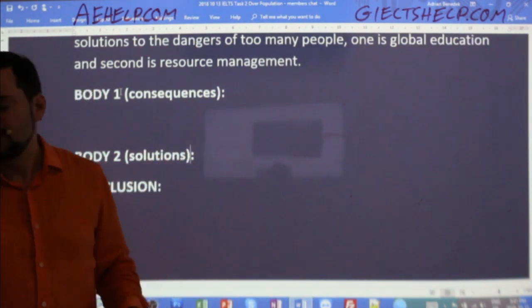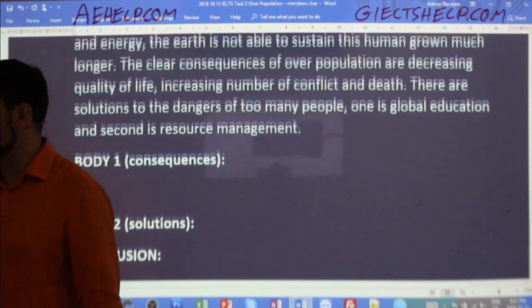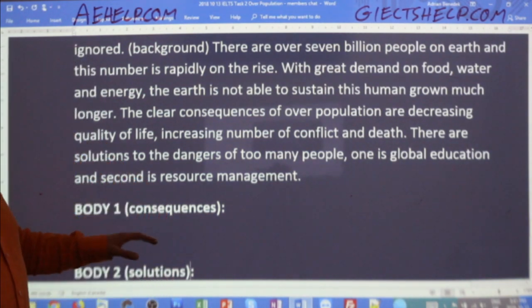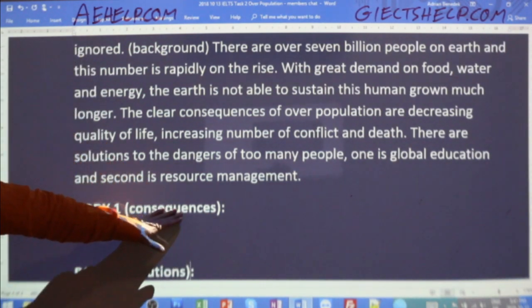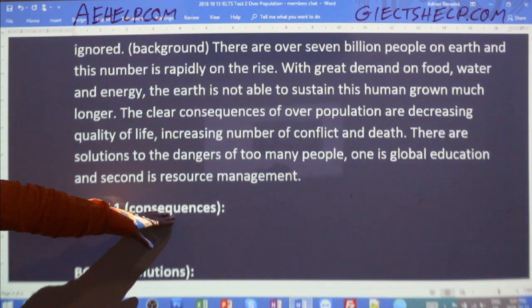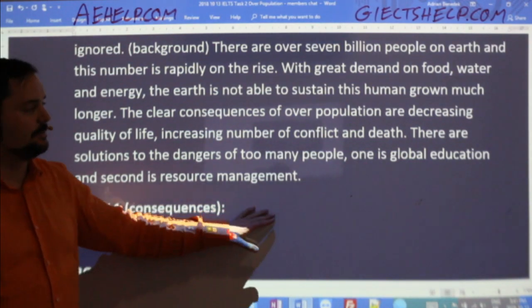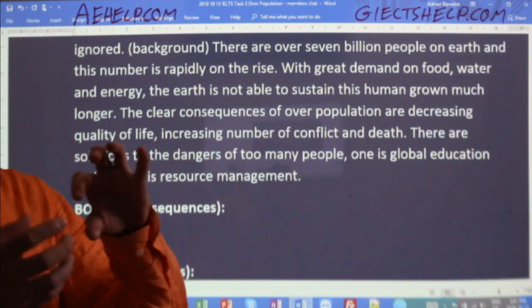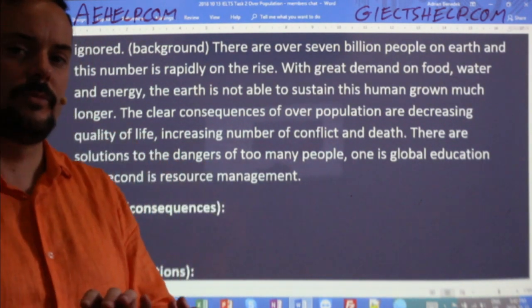But here, it would be awkward to say something like decreasing quality of life is a consequence of overpopulation, so we need to educate people to have less children. It's not terrible, but the connection is a little bit more awkward, okay?